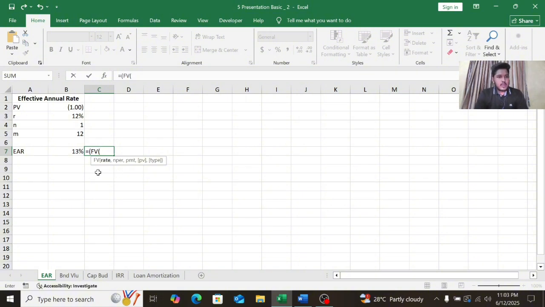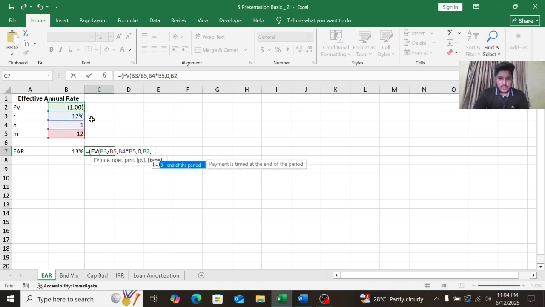For the rate, we click this one and divide it by the periods, then 1 into this one. The payment is 0, our present value is 1, and the type is 0 as usual.